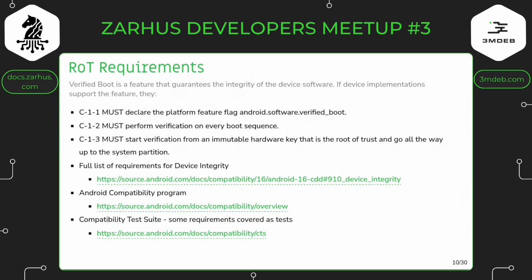One important one could be C-1.3, which says that the device must start verification from an immutable hardware key that is a root of trust and go all the way up to the system partition.